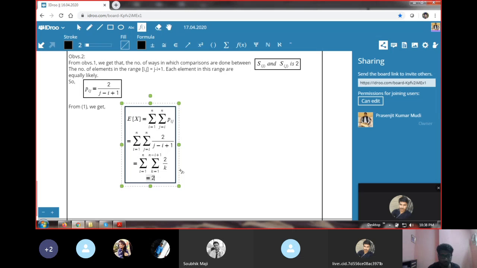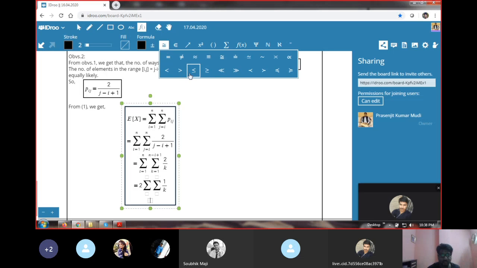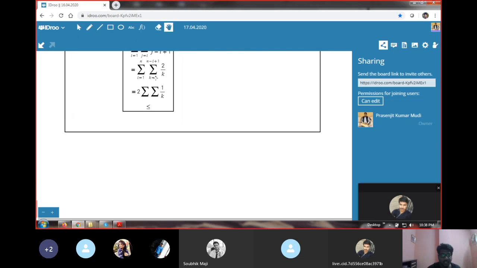So we get 2 times the double summation of 1 upon k, and this is less than or equal to something. In the inner summation we have n minus i plus 1 number of terms, which is always less than or equal to the sum of n terms.